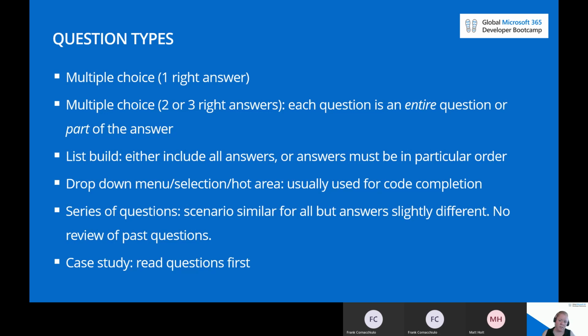So if the question says, what should you do to meet the business requirements, there has to be a section in the case study that explains what the business requirements are. When you take an exam, they randomly pick maybe 4 or 5 questions out of that bucket of 15 questions.